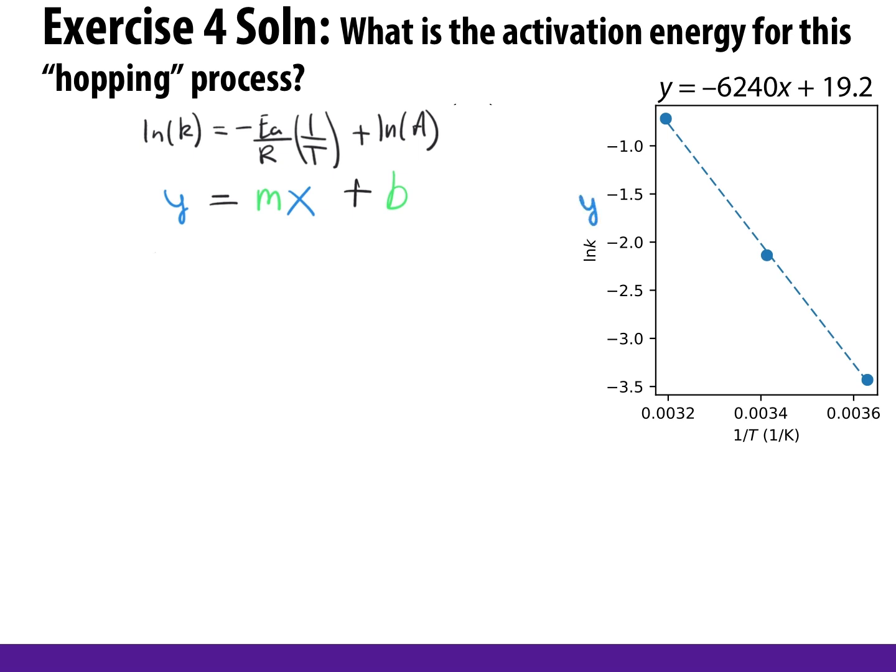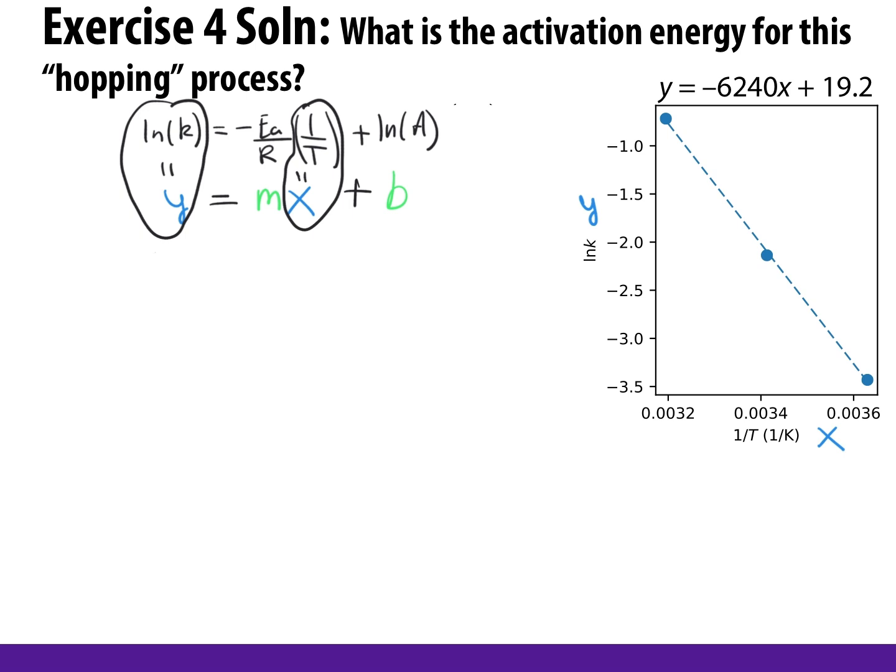ln of k is your y variable. 1 over T is your x variable. So you look at this here and you say ln of k is equal to y. That's one relationship I have here. 1 over T is equal to x. Then that leaves me with these other relationships.